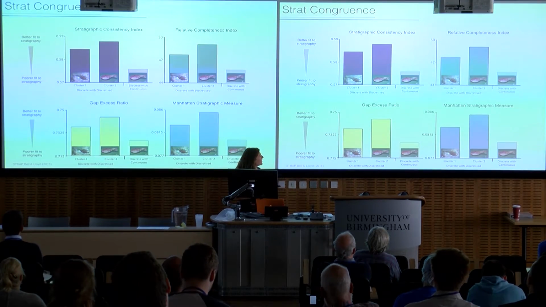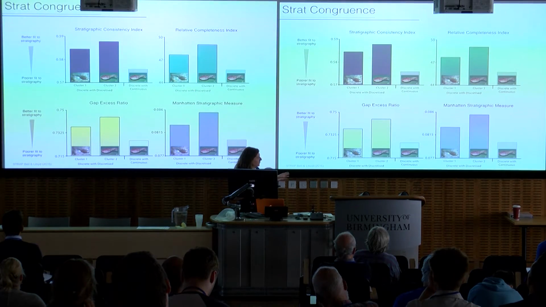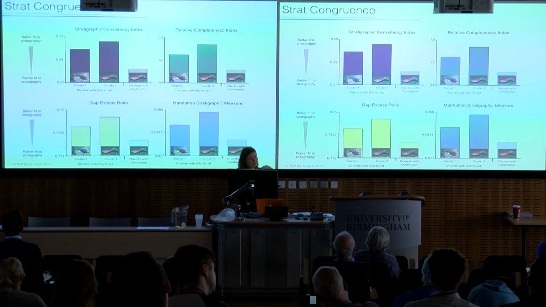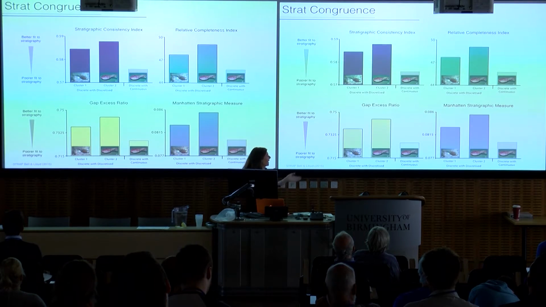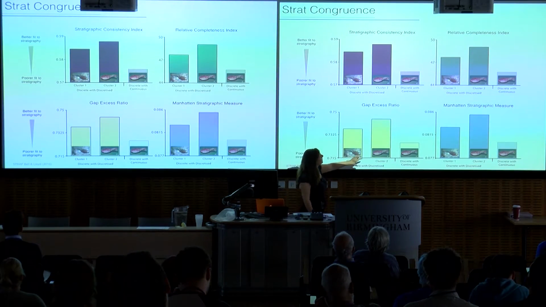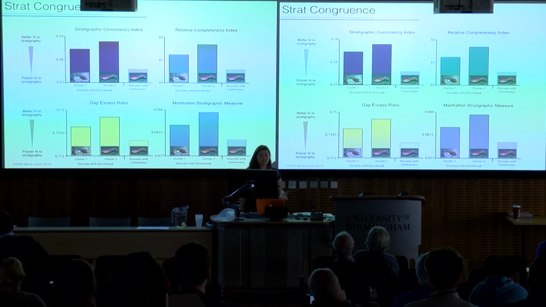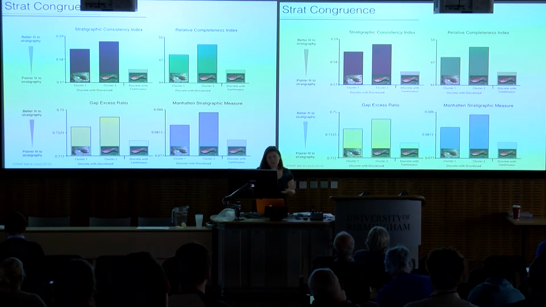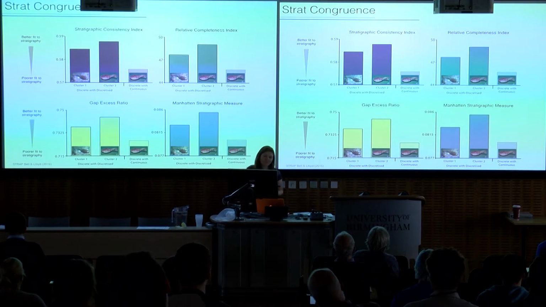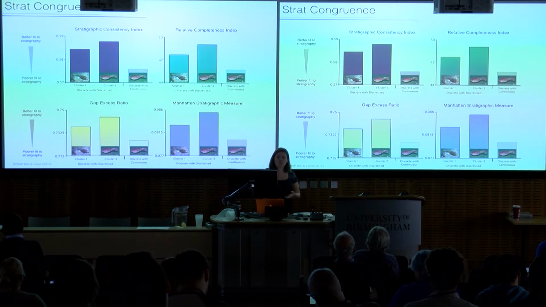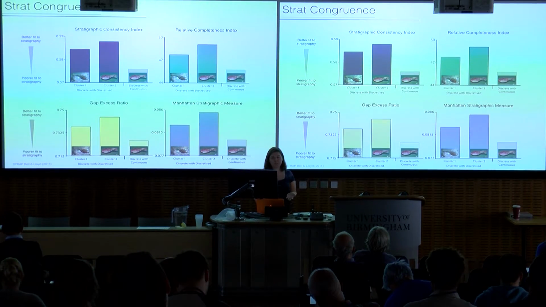And in all instances, the discretized analyses seem to perform better than the continuous, and it seems that cluster 2, which is the large plated forms, gives us the most stratigraphically congruent trees. So perhaps these trees are giving us a more realistic view of heterostracan evolutionary relationships.